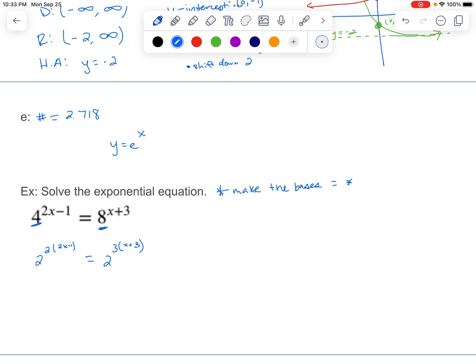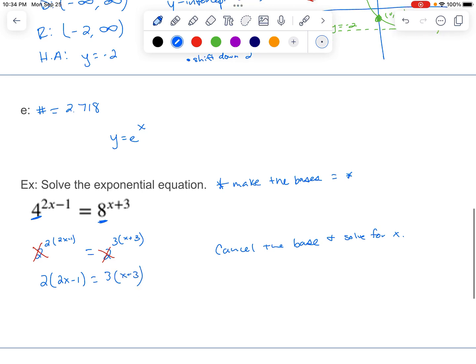Now, since I have the bases the same, we are going to cancel the base and solve for x. So now, if I cancel the base, this is gone, this is gone. I now have 2 times 2x minus 1 equals 3 times x plus 3.